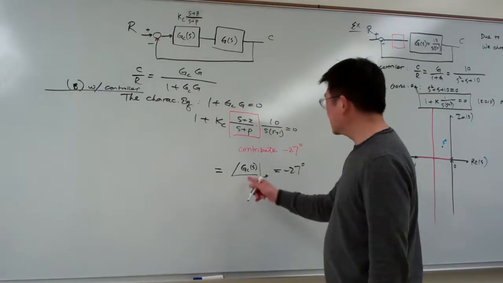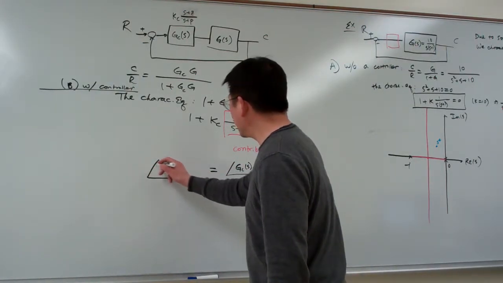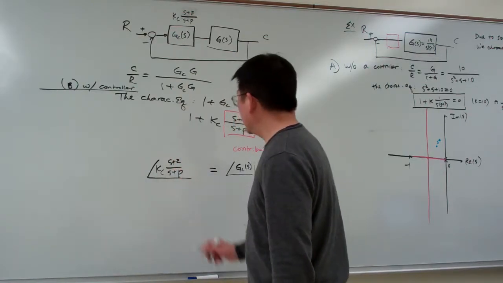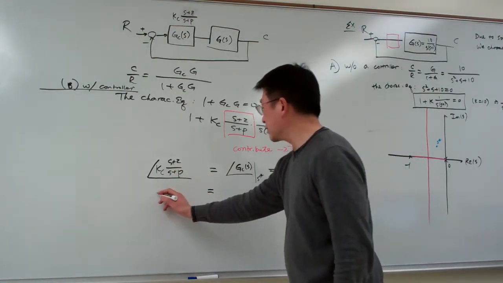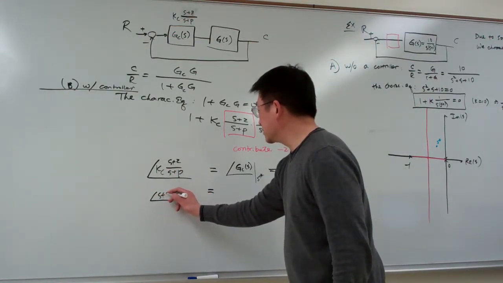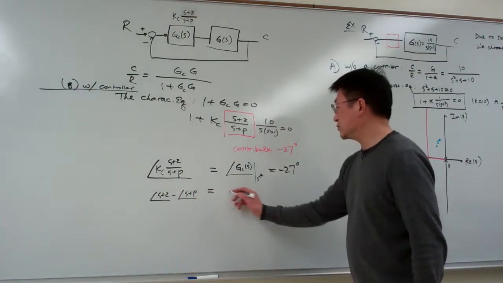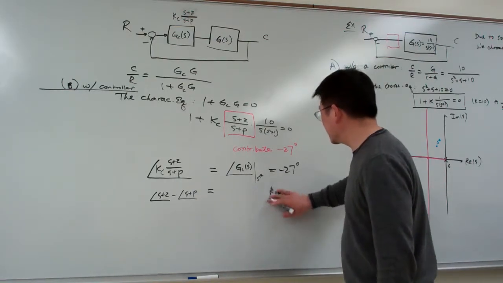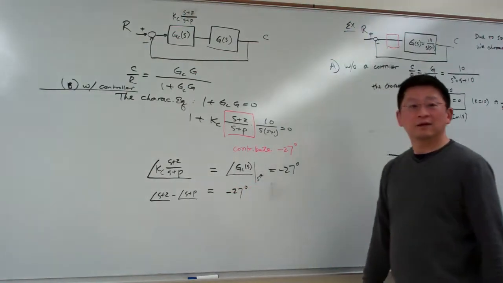So now we can implement this. We plug this into here. That is the phase angle of KC (S plus Z) over (S plus P), and we can do the calculation here. KC is nothing, so it is the angle of S plus Z minus the angle of S plus P, which equals minus 27 degrees.